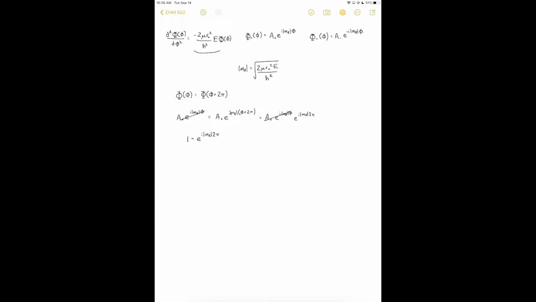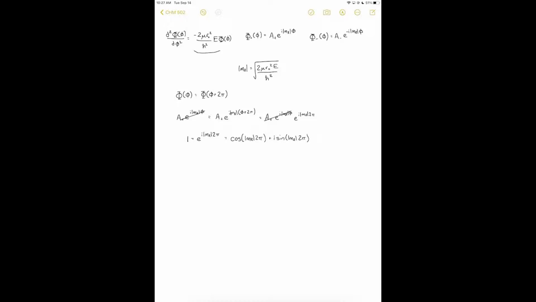So when is e to the i m_L 2 pi equal to 1? Well, remember that we can use Euler's formula to change this imaginary exponential into sine and cosine functions. So this is equal to cosine of the absolute value of m_L times 2 pi plus i sine of the absolute value of m_L times 2 pi. And when is this equal to 1? Well, the cosine is equal to 1 at integer numbers of 2 pi.